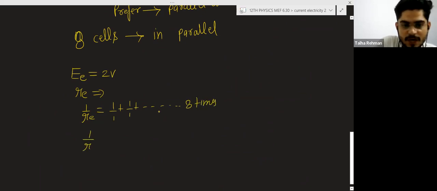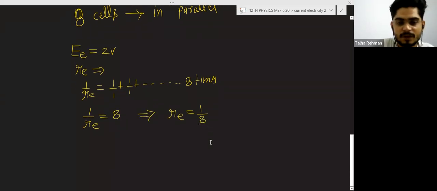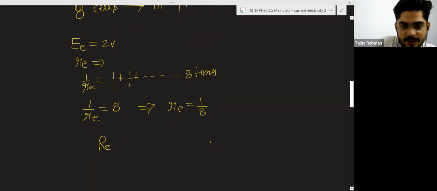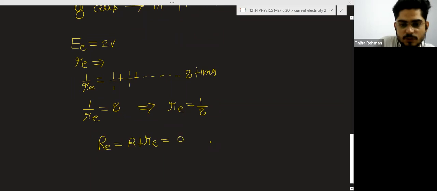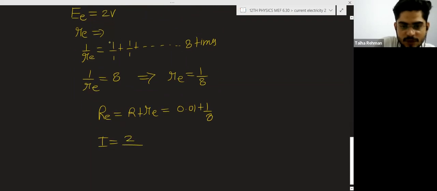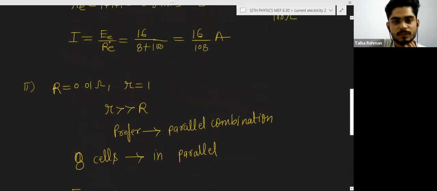So you will get 1 upon R equivalent as 8, then R equivalent as 1 by 8. So total resistance will be R plus R equivalent, and R is 0.01 plus 1 by 8, and current will be E equivalent divided by total resistance. E equivalent is 2, and total resistance will be 0.01 plus 1 by 8. This is your answer.